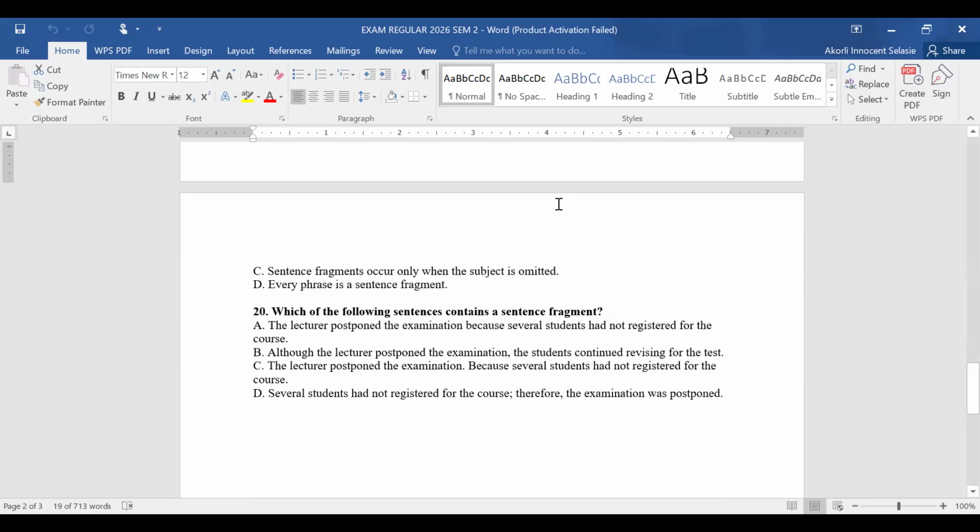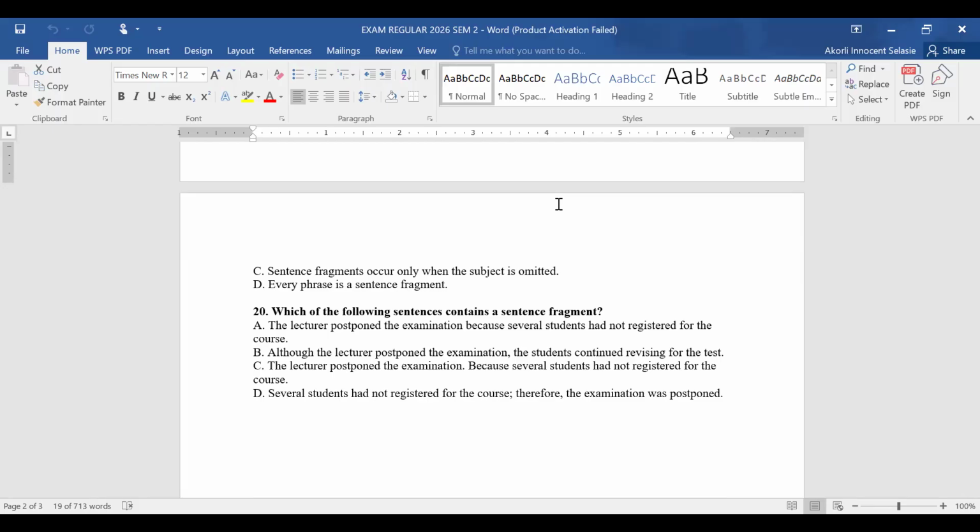Let's go to C. Fragments occur only when the subject is omitted. No. We can have the verb omitted, so it is not the case that a fragment occurs only when a subject is removed. Every phrase is a sentence fragment?